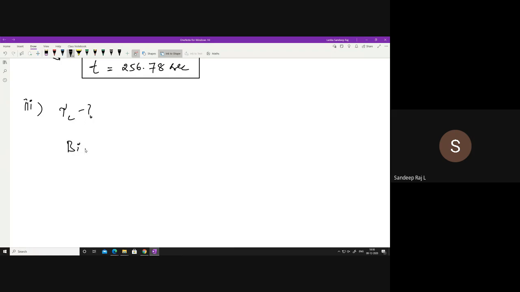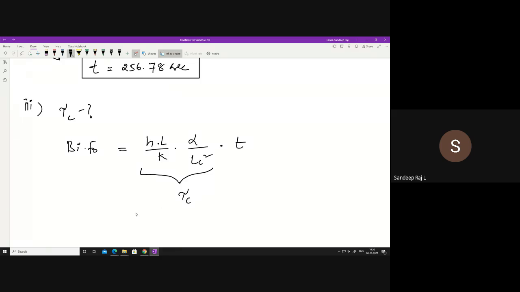In Biot into Fourier, you put aside t, and the remaining part will be your time constant. That is Biot, HL by k, into the Fourier number, alpha t by LC square. This t you put aside, and the remaining part will be tau c.